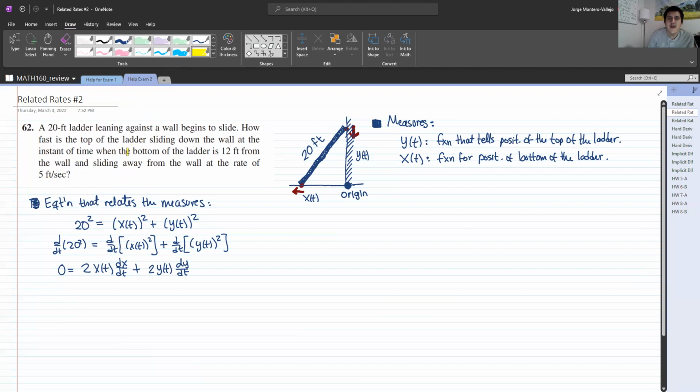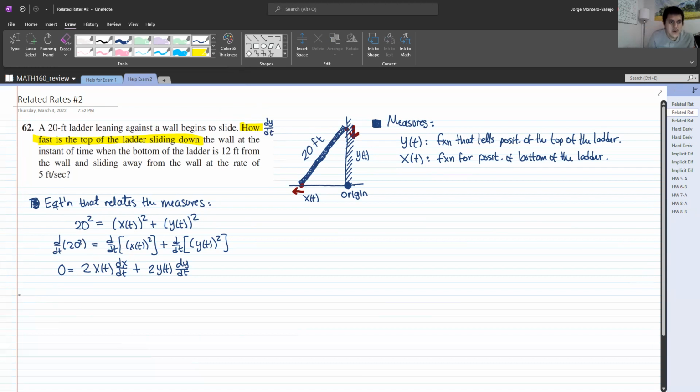And the question is how fast that position is changing. Well, that is the derivative of y of t. That is dy dt, right? Given that y of t is the position of the top of the ladder.